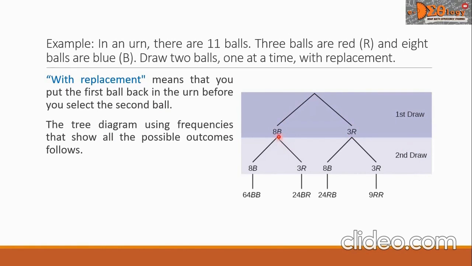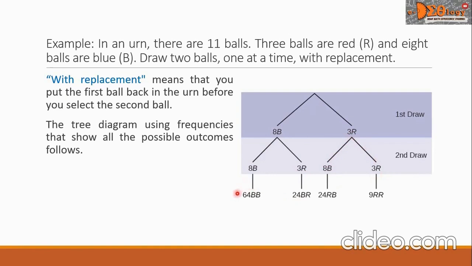That's why you see here there are 2 branches under the blue balls. In this first branch, there are 8 balls. In the second branch, there are 3 balls. On the second group of branches under 3 red balls, this first branch here represents the 8 balls. The second branch represents the 3 red balls.